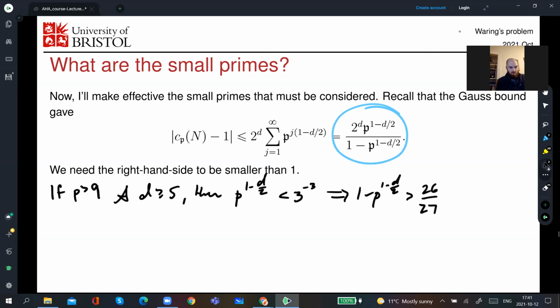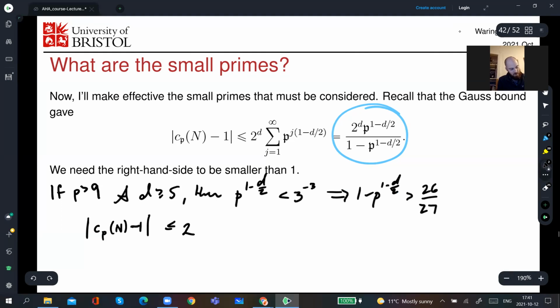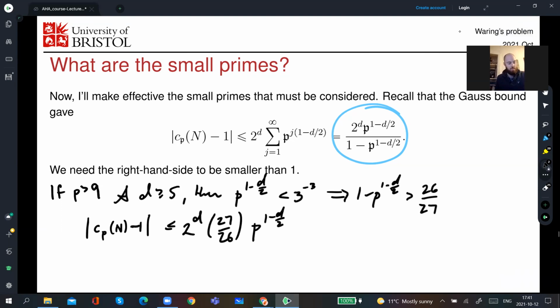And as a result, Cp of n minus 1 is less than or equal to 2 to the d, 27 over 26, p to the 1 minus d over 2. Right?